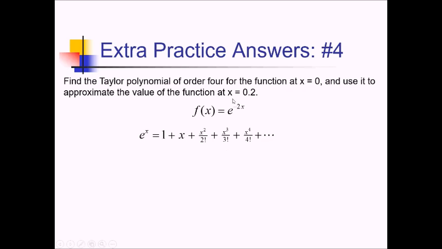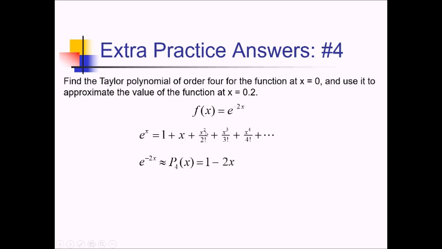Now to get e to the negative 2x as a polynomial, and I'm only going to use up to the x to the 4th term for this. So this is going to be p sub 4 of x. I'm going to just plug negative 2x in for all the x's here. So we have still got a 1, but now x becomes negative 2x.